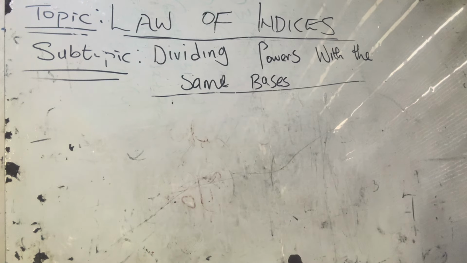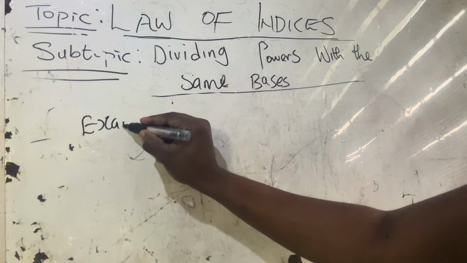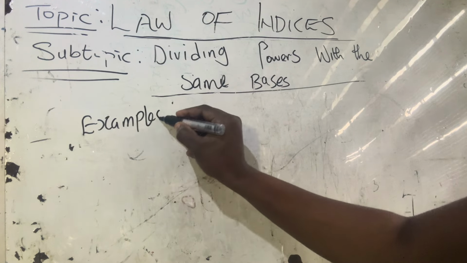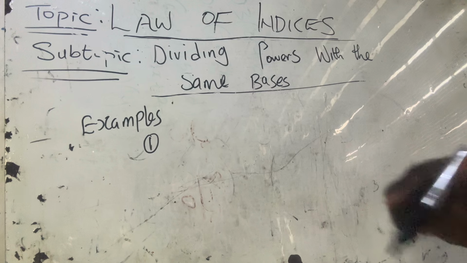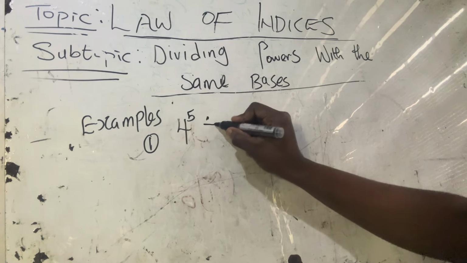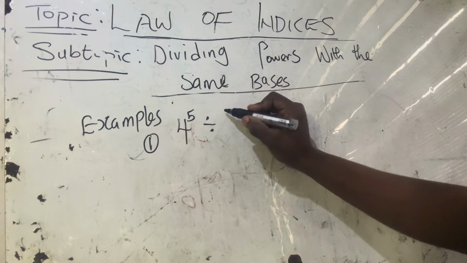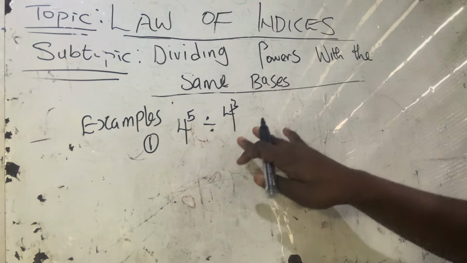Now, look at this example. Number 1. Dividing powers with the same basis. Now, when we have 4 raised to power 5 divided by 4 raised to power 3, we can also solve this using the expanded method.